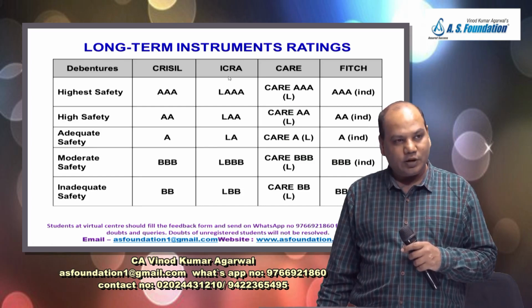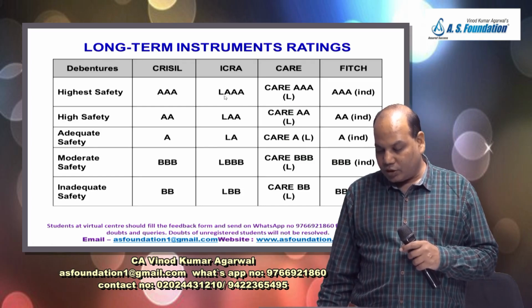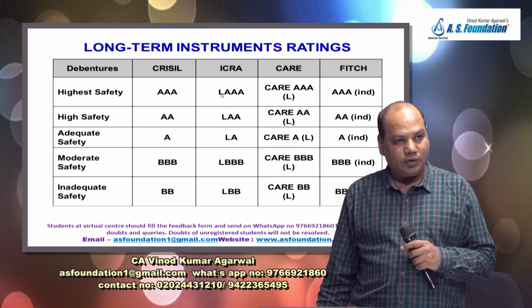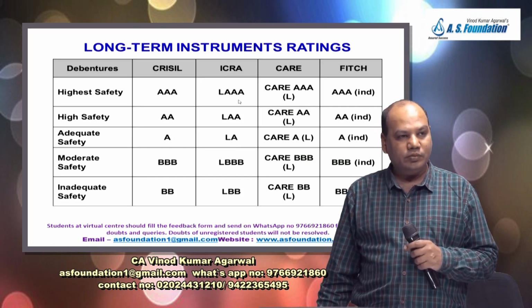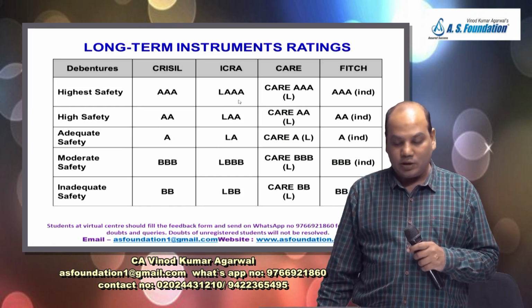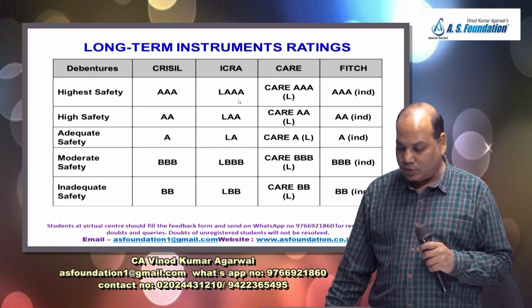What about ICRA? ICRA has a similar rating, but they will write L before it. L AAA means L for long term and AAA. So the moment you see L AAA, it is rated by which agency? ICRA. It has rated a long-term debt instrument.